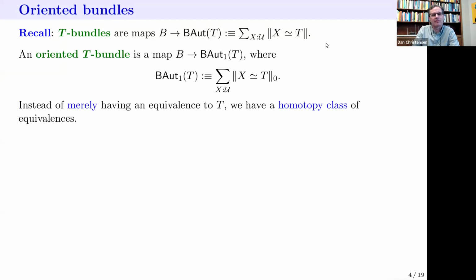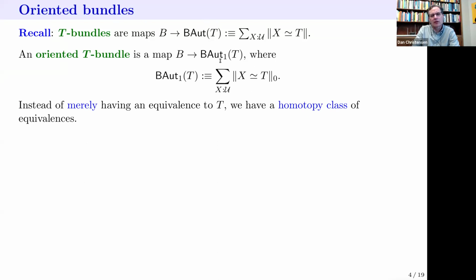Okay, but we're going to be focused on a slightly more refined notion of bundle. So the first line here is just reminding you of what we did on the previous slide. But we're going to talk about oriented bundles. So instead of mapping into this B Aut T, we're going to map into something I'll call B Aut_1 of T. And at the bottom of the slide, I'll explain why we choose 1 as the subscript here.